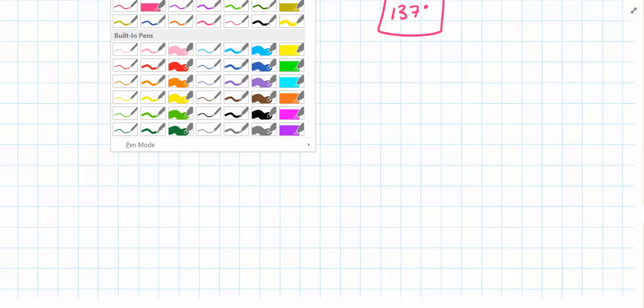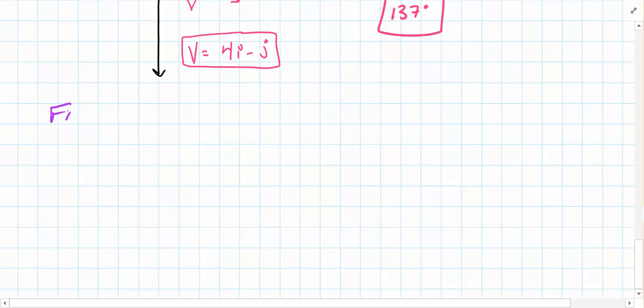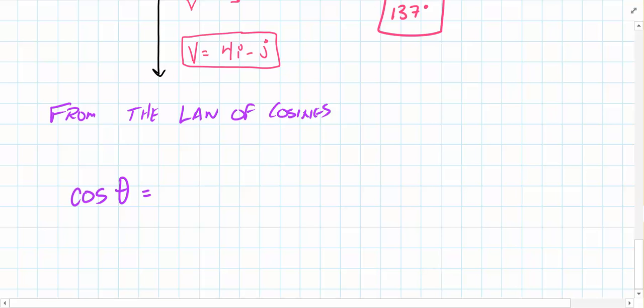Okay. So here it is. From the law of cosines, we can actually figure out that angle. And it is the cosine of theta, which is why it's important that we know it comes from the law of cosines.